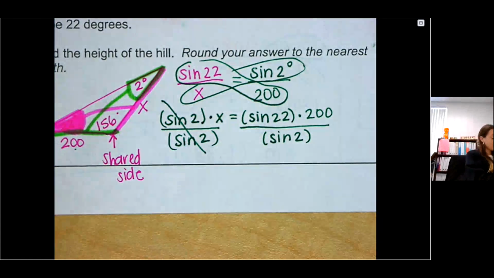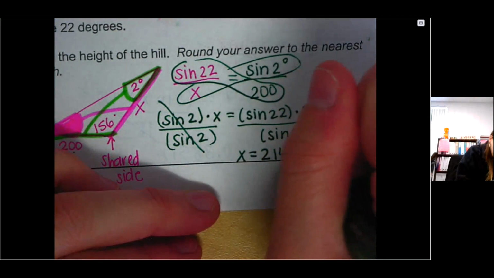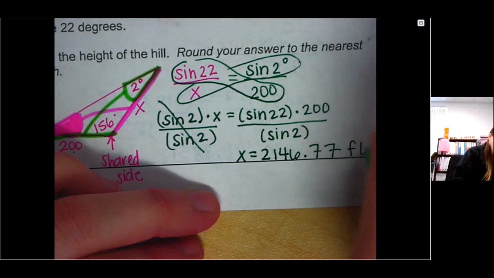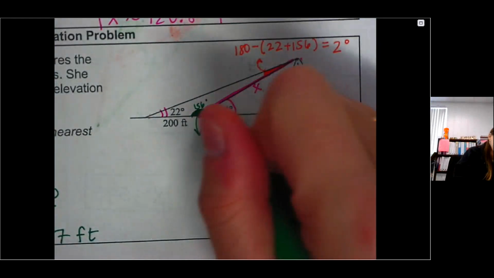Okay, and now this just becomes a problem for my calculator. So let's see. So when I do that, I get that side x is 2,146.77 feet. Okay, so if I come back to my picture here, that is this side right here.